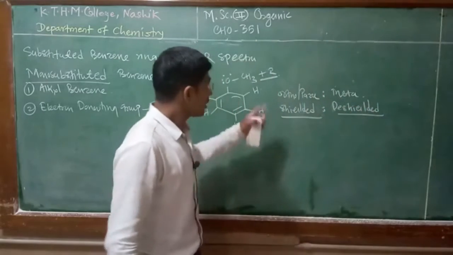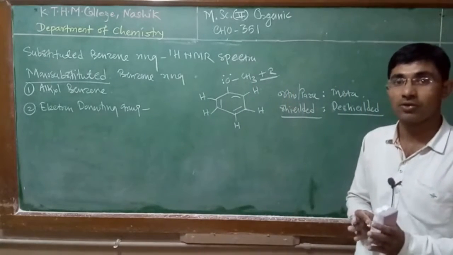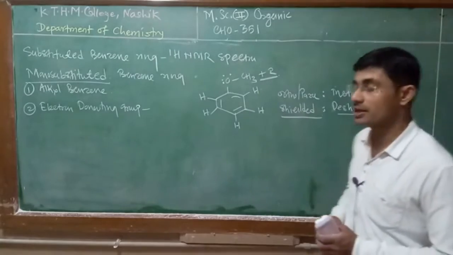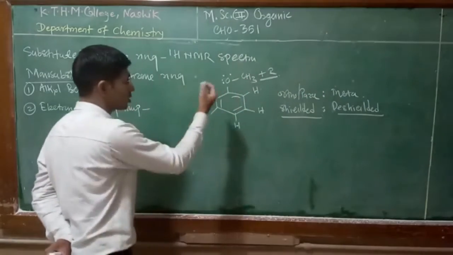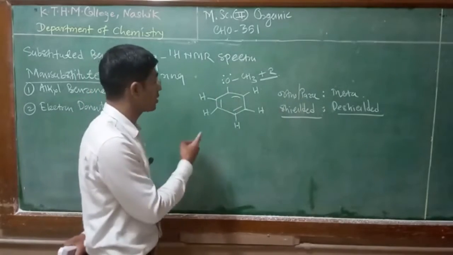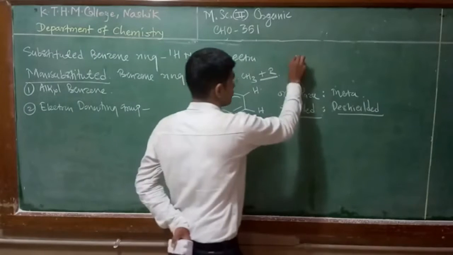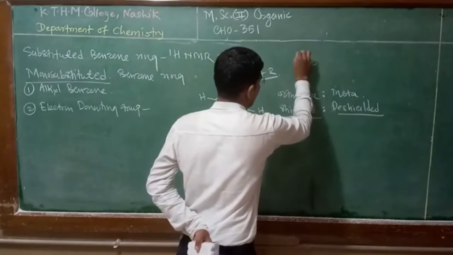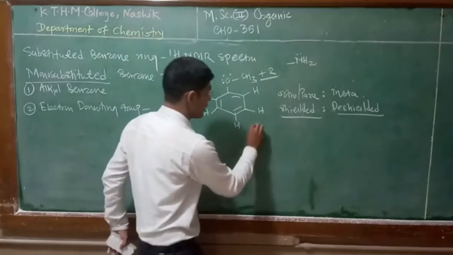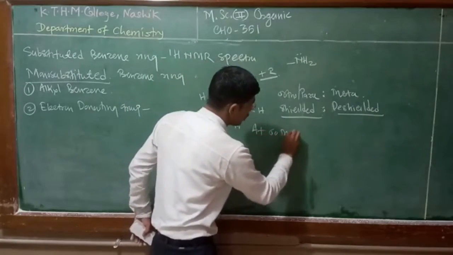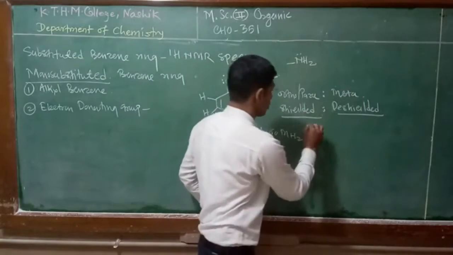At 60 megahertz instrument, suppose you take the spectra, in the case of strongly electron donating groups like methoxy, or NH2 in aniline compounds also, at 60 megahertz instrument you observe the signal for the ortho, para and meta protons in the ratio 3:2.